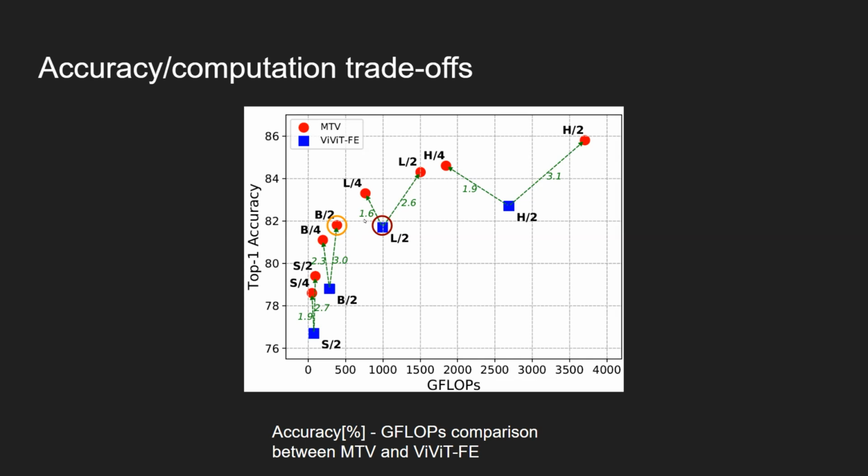They have also used notably fewer FLOPs: the B2 one has used around 480 something, and we can see from the graph the L2 one has used around 1000 FLOPs. Again, a similar behavior is seen where the L2 model has outperformed the H2 model of ViViT FE, with almost a 40 to 50% reduction of FLOPs.